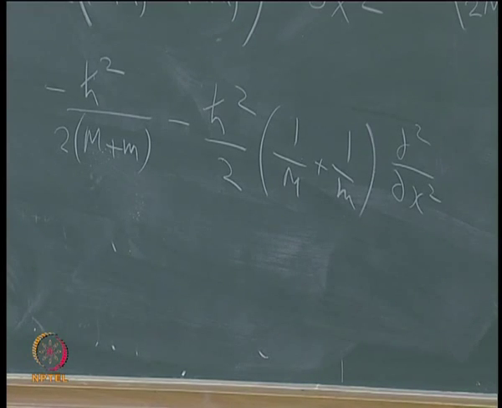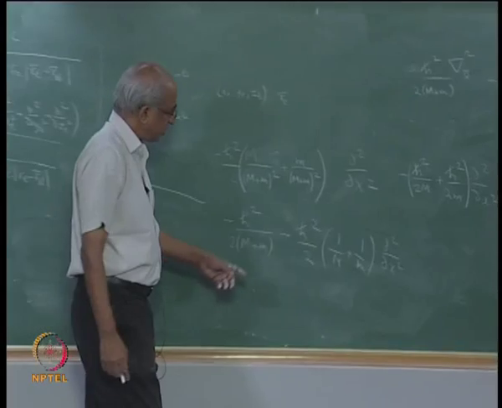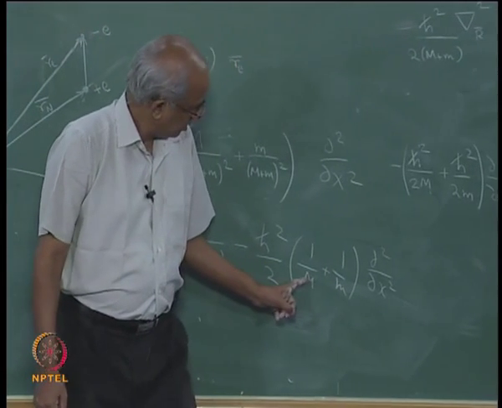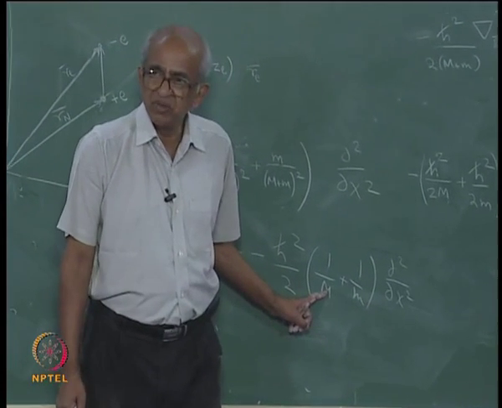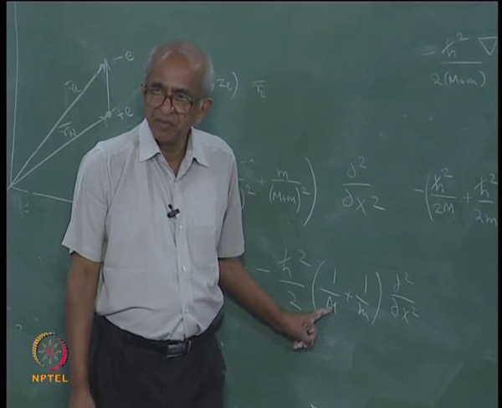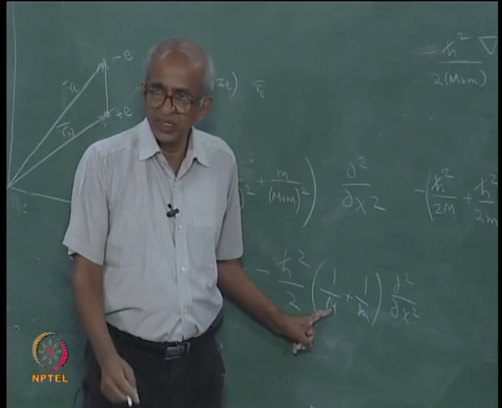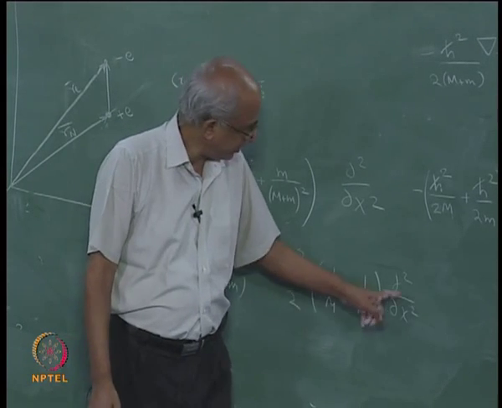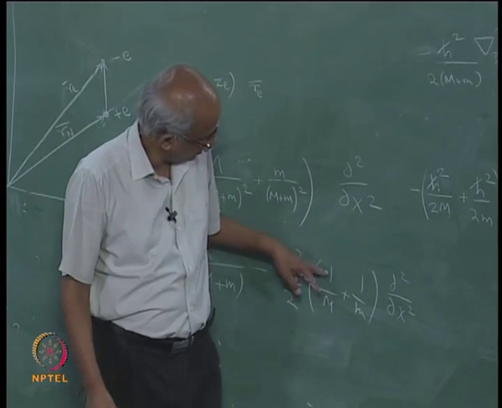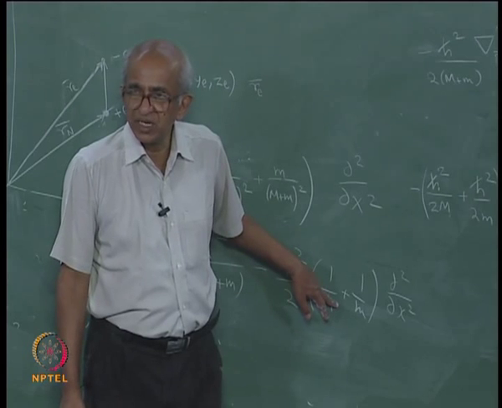Right. Now, you look at this expression, this is physically very meaningful. If the particle is very massive, then it does not move much, as I told you, nucleus does not move much, and therefore, the kinetic energy corresponding to its motion will be very small if M is very large.